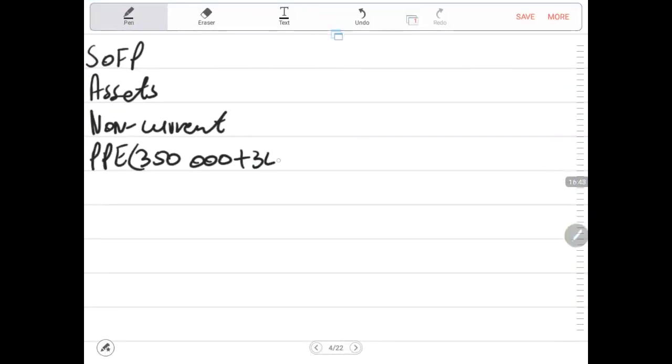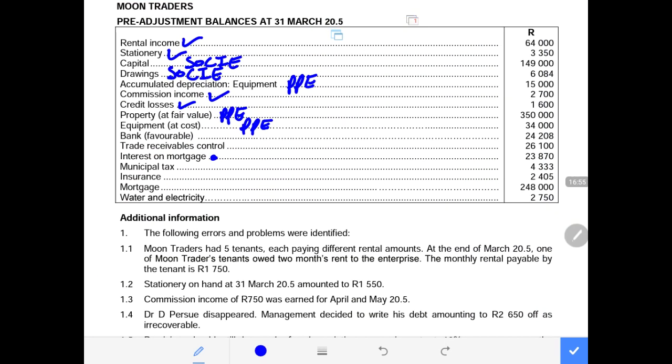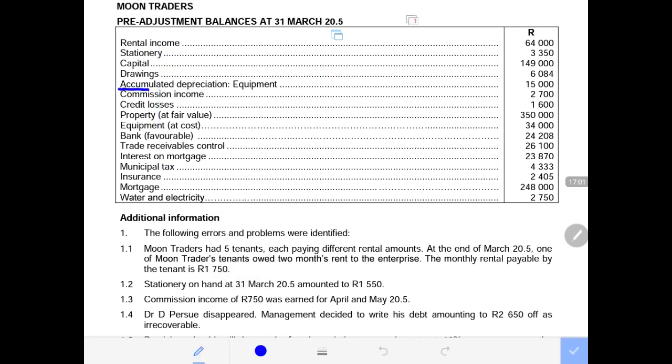Then we record the 34,000 rands of the equipment. We minus the accumulated depreciation that is given to us. There is the accumulated depreciation on equipment, and this accumulated depreciation is likely to be at the beginning of the year.